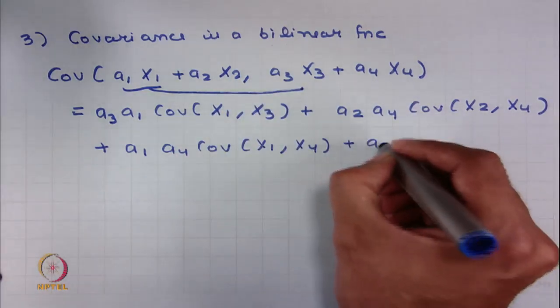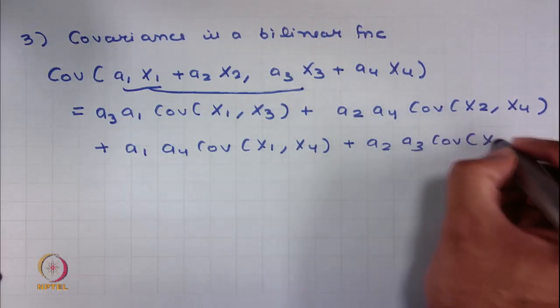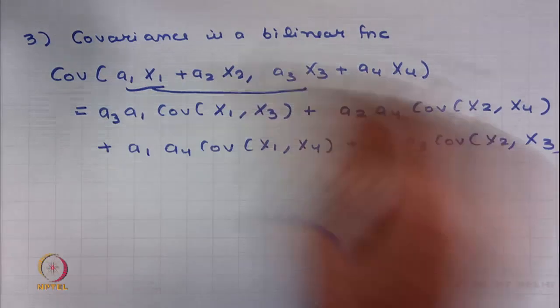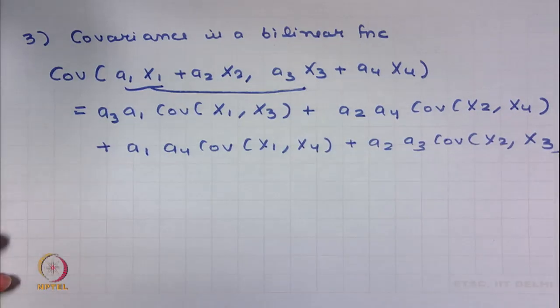So, we have a2 a3 covariance of x2 with x3, right. So, covariance is a bilinear function. You can use this property, sometimes it will be very useful to compute the covariance.